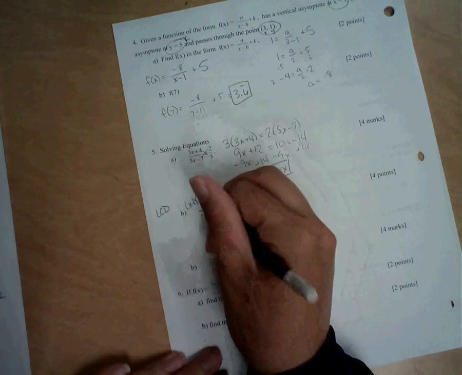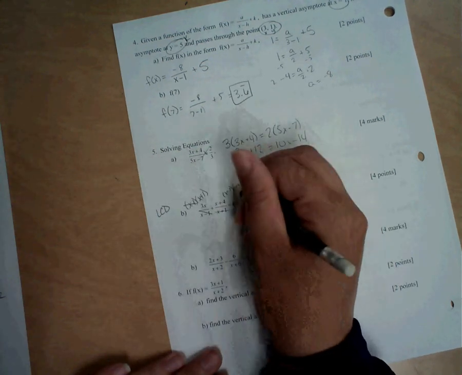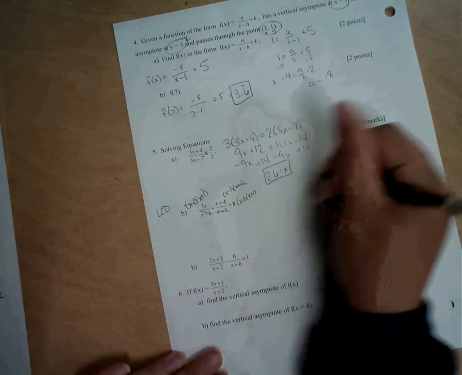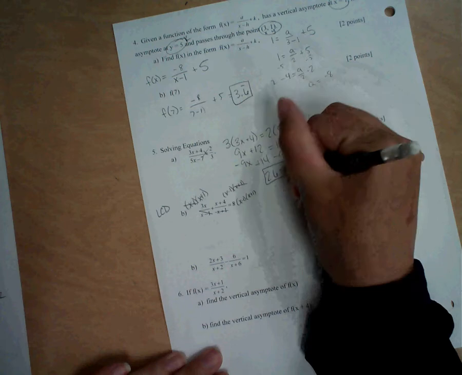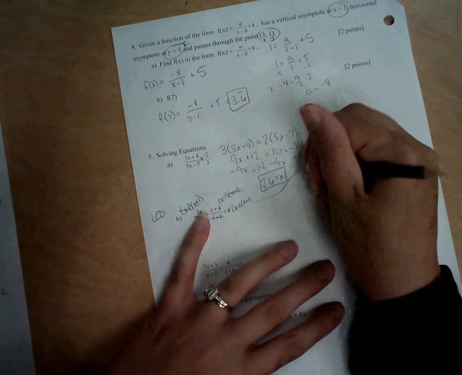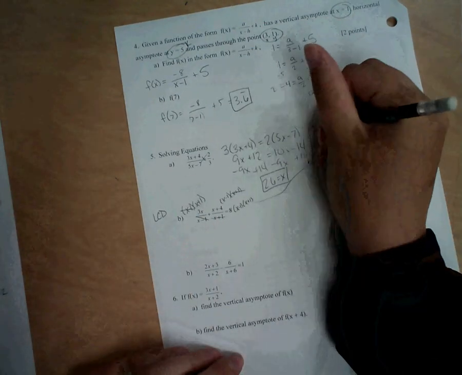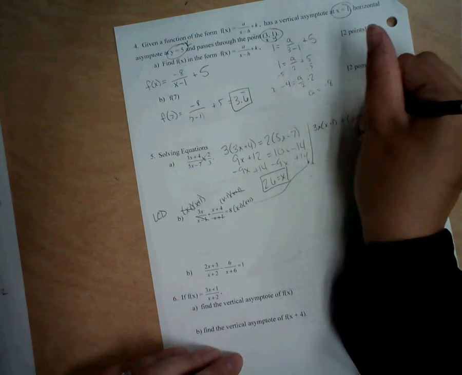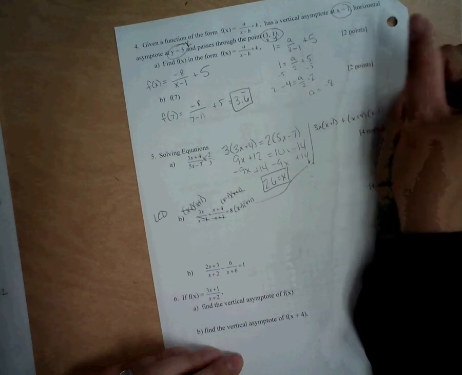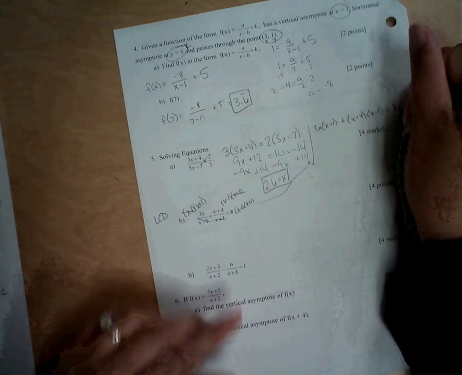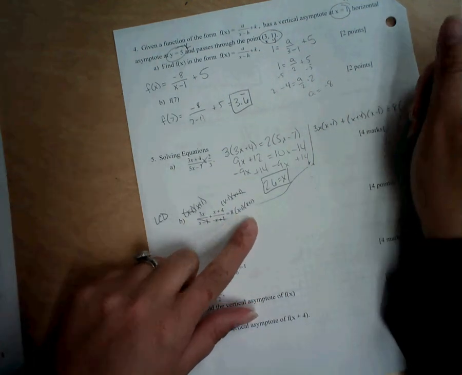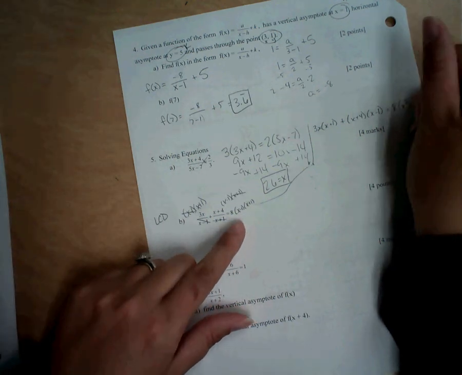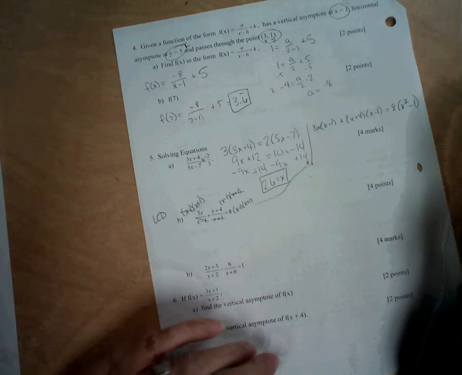So here my x minus 1's cancel, here my x plus 1's cancel. So this will give me 3x. I'm going to work it right over here so I have a little bit more room. 3x times x plus 1 plus x plus 4 times x minus 1 equals 8 times, and this is a difference of squares, so that's going to end up being x squared minus 1 whenever I multiply that out.